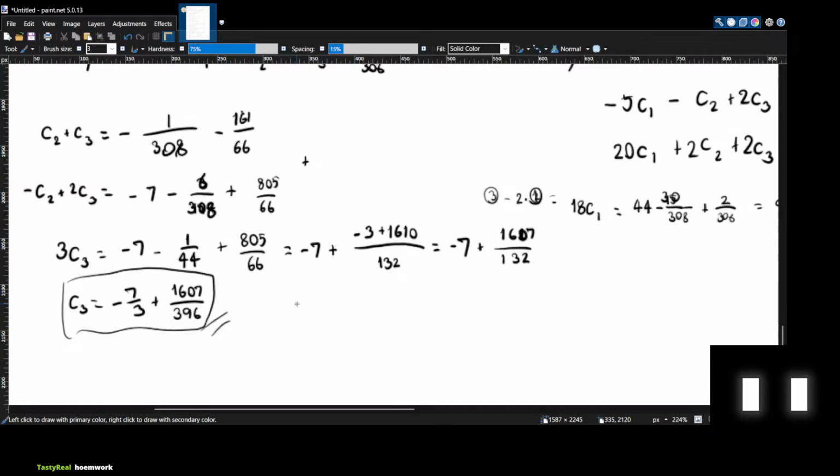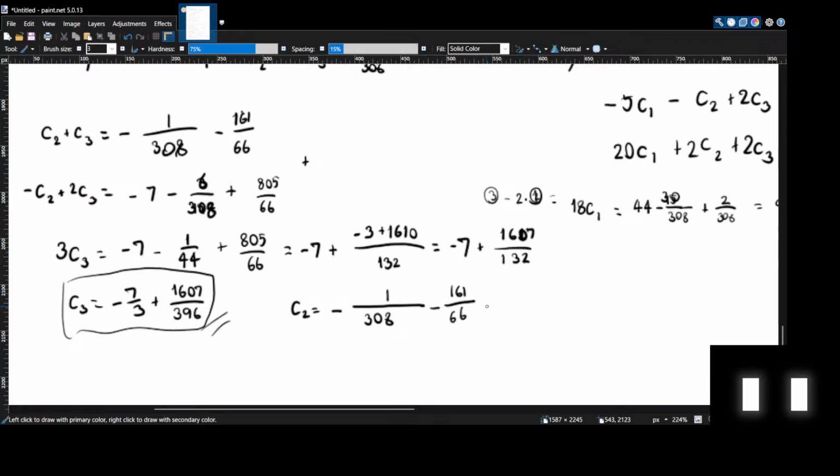So C2 equals negative 1 over 308 subtracted by 161 over 66. 66, you multiply by what to get 308? You can't. Okay, never mind.